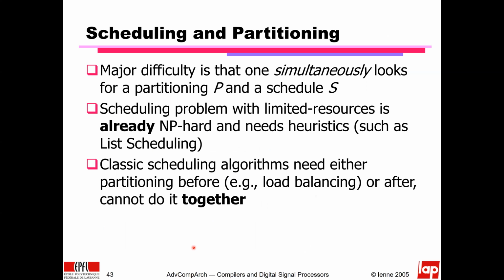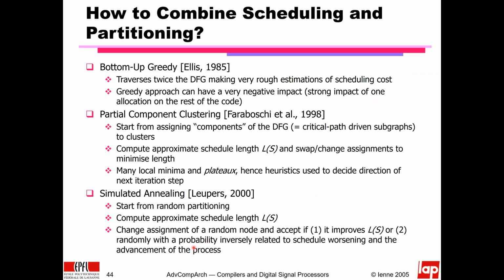somehow gets screwed up. I don't want to spend more time on this problem, but it's an old problem, because people have been looking in exactly this kind of context since the 80s at ways of doing this partitioning.